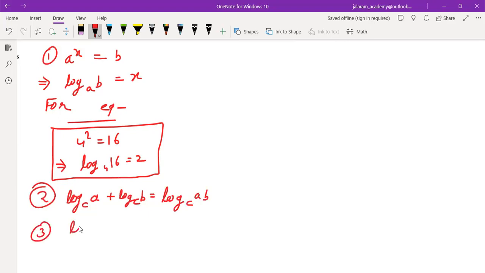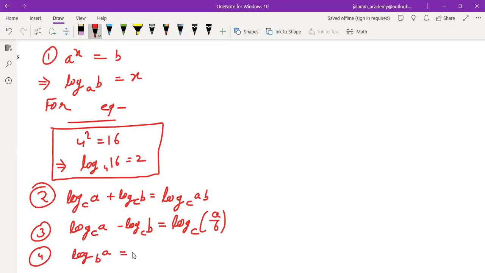Third, log a to the base c minus log b to the base c equals log a by b to the base c. Fourth, log a to the base b, this is the base change formula. We can write it as log a to the base c upon log b to the base c. So these are some of the important properties of log.